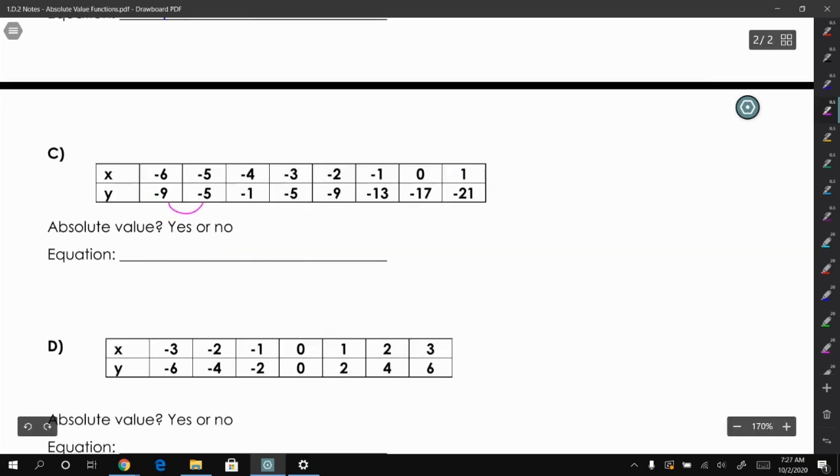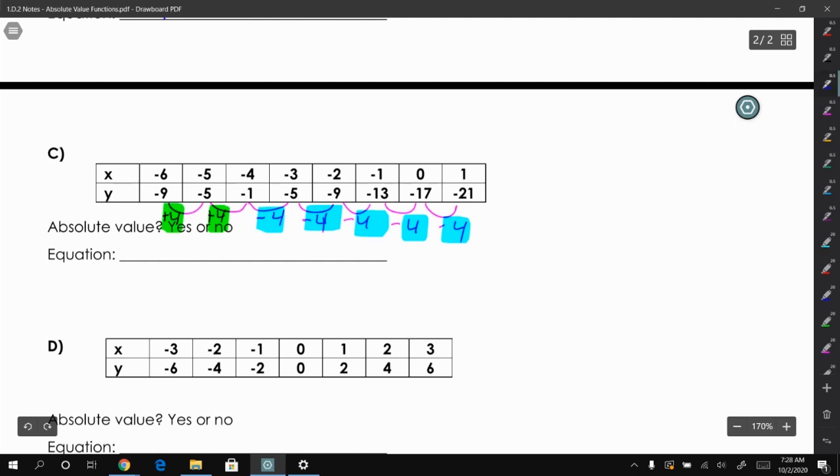Okay, here we're adding 4. -9 plus 4 is -5. We're adding 4 again to get -1. And then the y values go back down to -5, back down to -9. So now we're subtracting 4 as we go to the right side of the table. So we're adding 4 at the start of the table, +4, +4, and then -4, -4, -4, -4, -4.